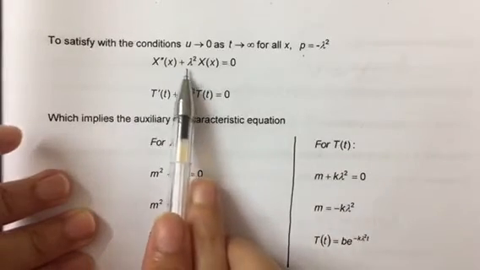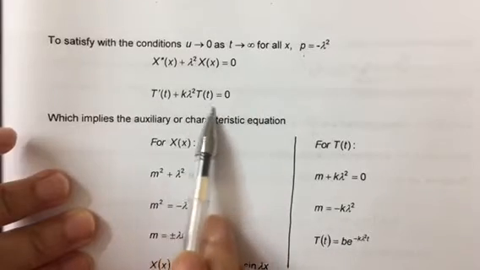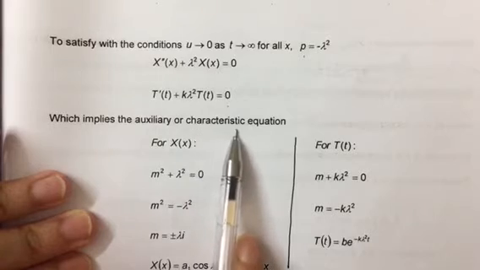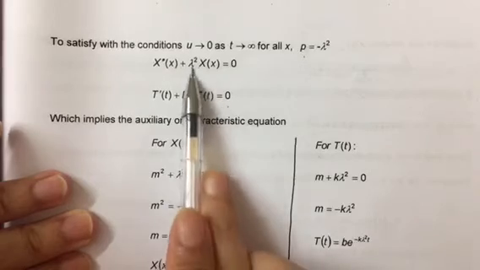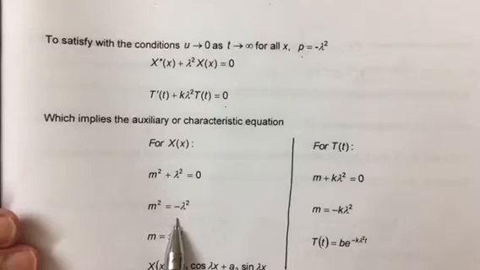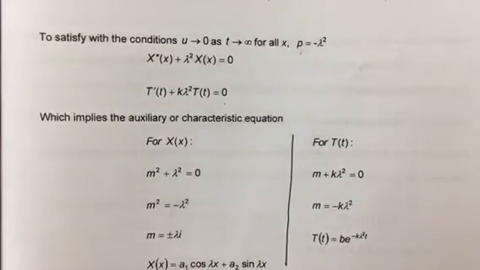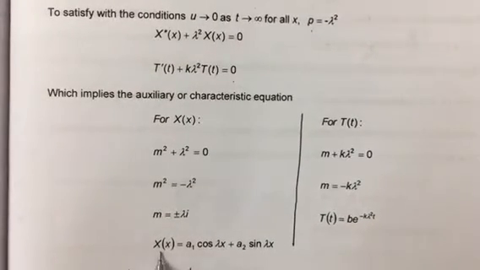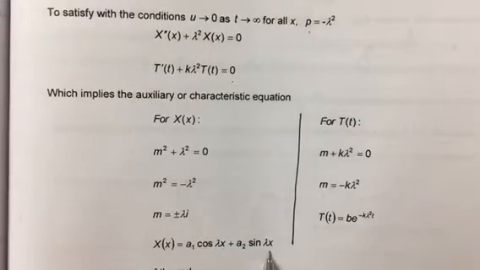Okay, so substitute negative lambda squared into X double prime and T prime, and then write the auxiliary or characteristic equation. For X double prime, we get m squared plus lambda squared equal to 0. Solve this one, we get m equal to plus minus lambda i, so this will give the answer X equal to A1 cos lambda x plus A2 sin lambda x.